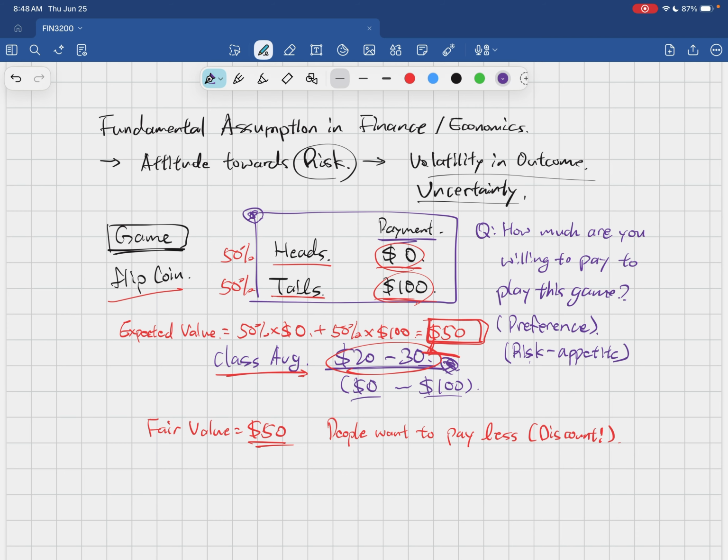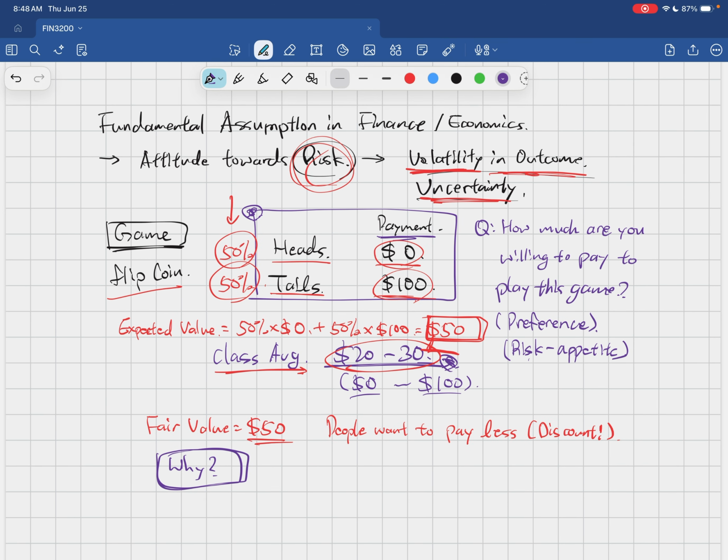That's the next logical question, and it deals with the first thing we talked about: risk, the volatility in outcome. Here the game is pretty straightforward, but the outcome is volatile. It's uncertain. You don't know what's going to happen. Because of the risk, people discount the value of this game.